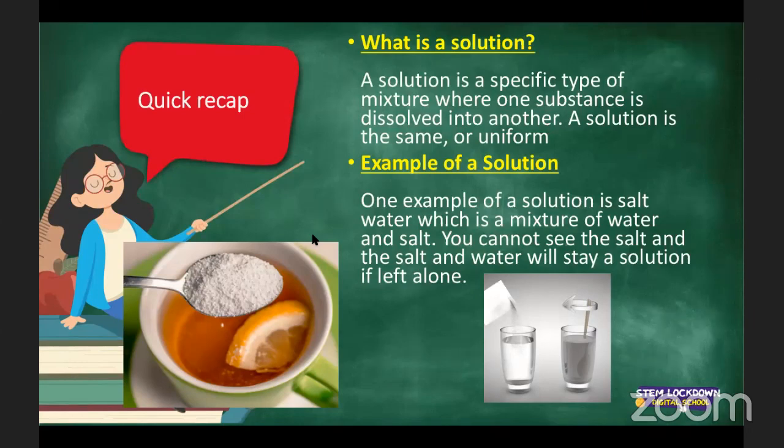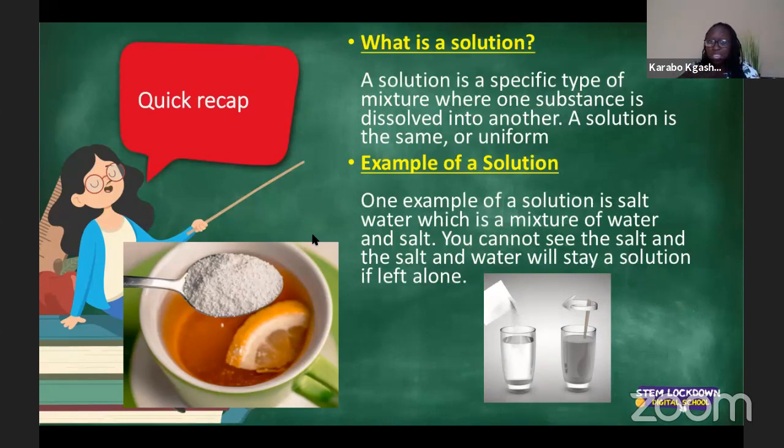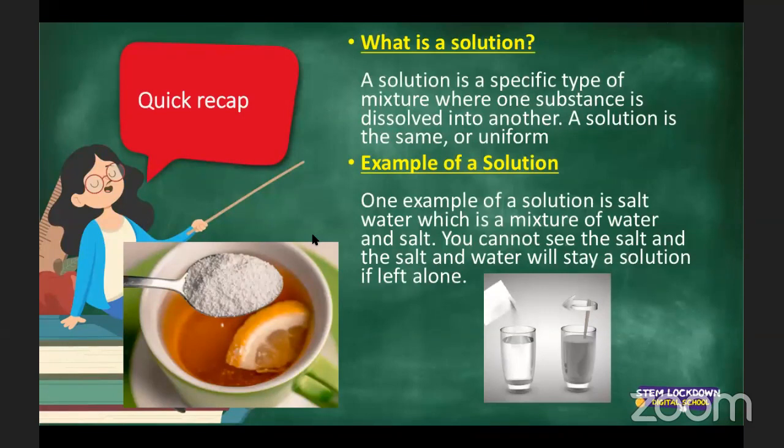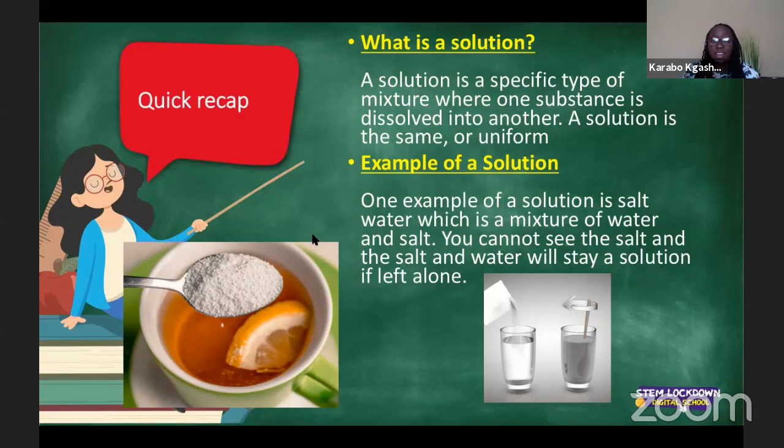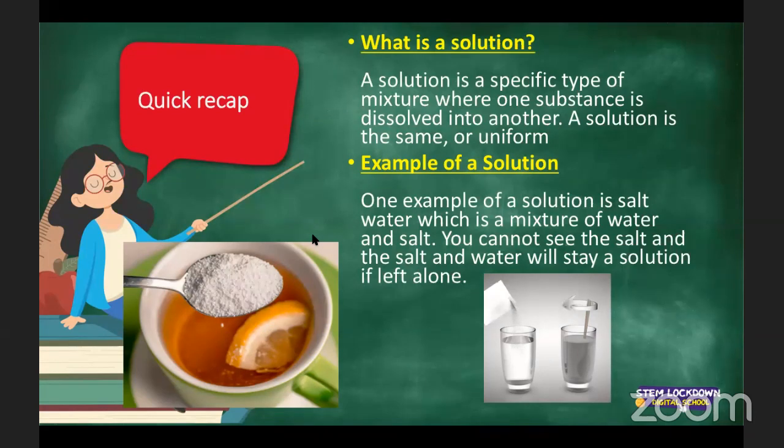Ma'am, does it stay at the bottom? Well, if you don't stir it enough, or if you put too much, it'll stay at the bottom. But do you really think it stays at the bottom? No, ma'am. So what happens to the sugar?